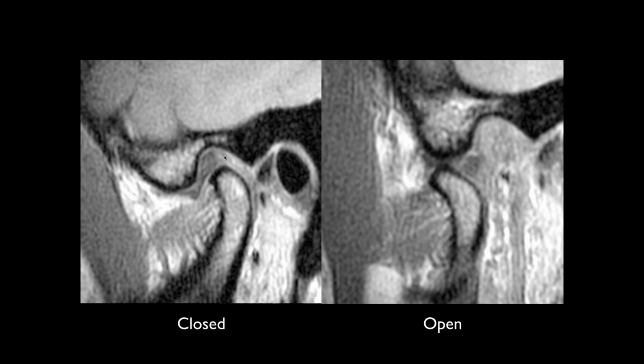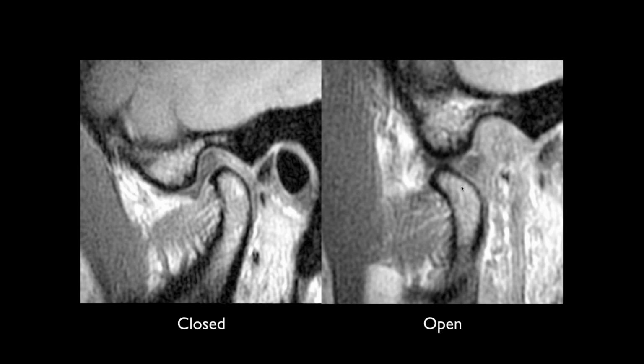The posterior edge of the disc should be somewhere around the 12 o'clock position. It can go from the 10 o'clock to kind of the 1 o'clock position here. This is that central area of the disc which becomes thin, and here's the anterior disc, and we can see some of the superior attachment anteriorly here of the disc. That's normal in the closed mouth position.